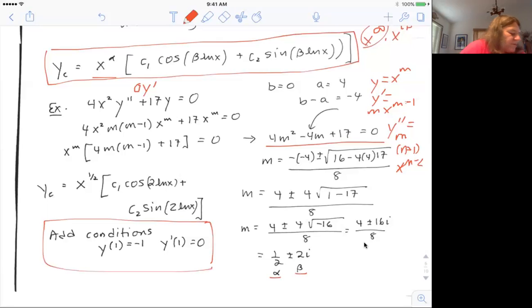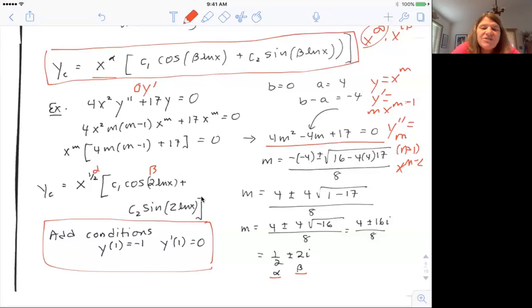Okay. Now, I'm going to add some conditions to this one too, so we'll go through some of what happens when we have conditions, but let's look at what yc is. Yc, we said when we had complex roots, was going to be x to the real part, so there's x to the 1/2, times C1 cosine 2 log x. The 2 is the beta. This thing right here is alpha. So there's my complementary solution there.